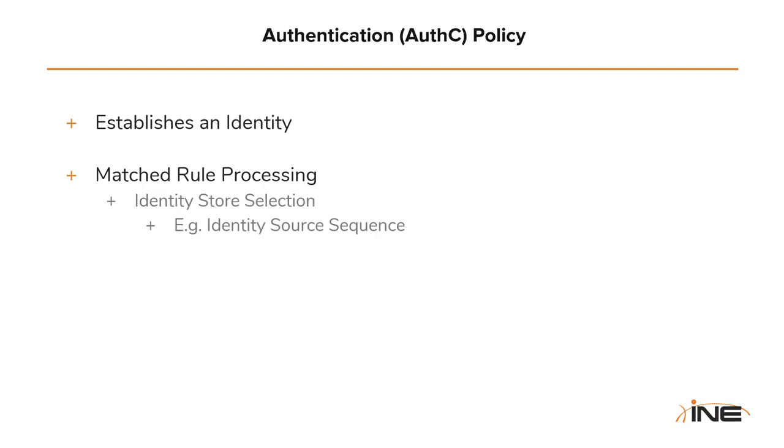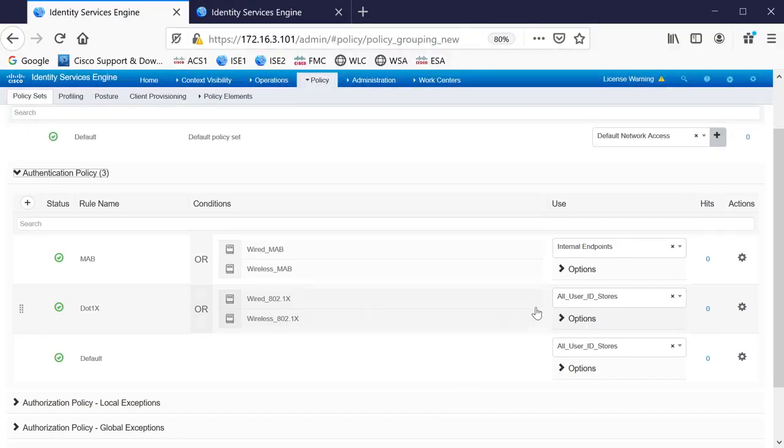And what we're going to start with is by trying to find a matching identity store, which is a database that we will use to authenticate the connection. The database can be defined as a single entity, like internal endpoints database.